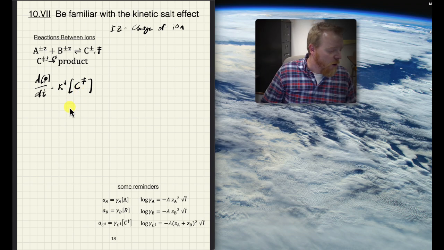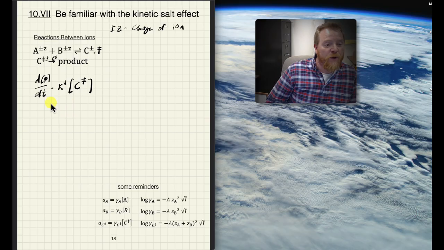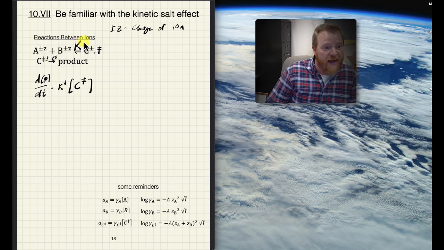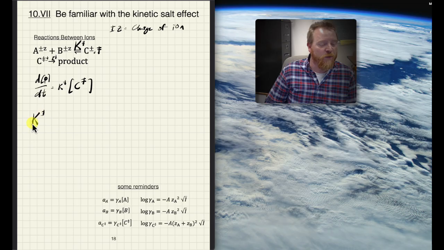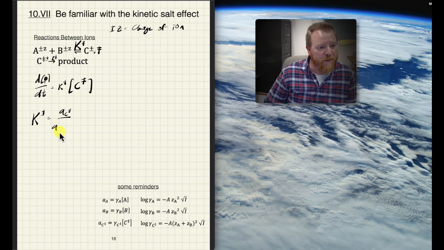Okay, so we note that we could write the equilibrium constant of this first reaction. So I'm going to give this a big K double dagger as the following. So right, this is our equilibrium constant. That's going to be the activity of C divided by the activity of A, and then those are all charged.